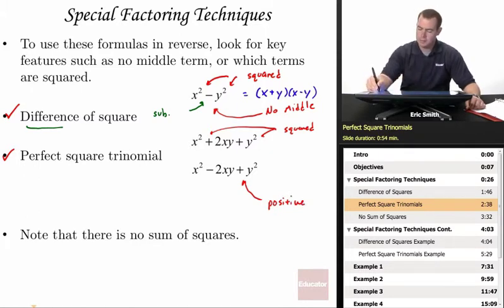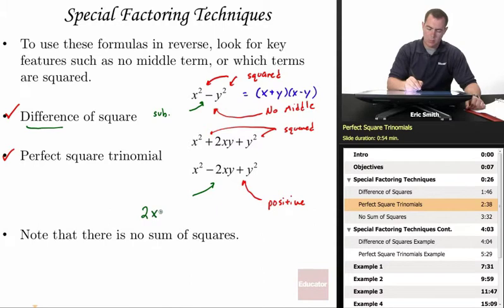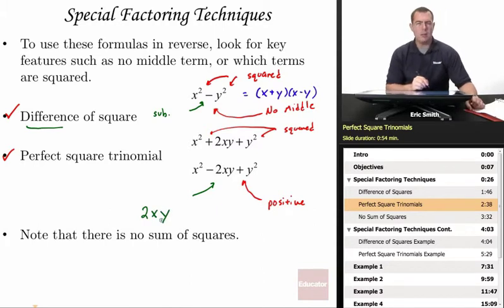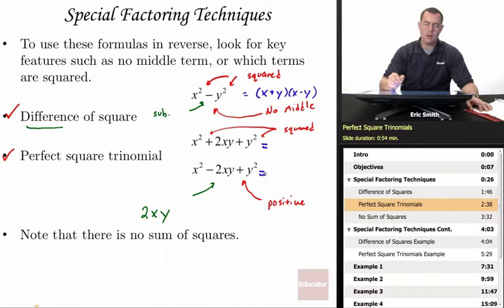You want the middle term to be twice what you get when you multiply x and y together. It doesn't matter if it's positive or negative since you have two different formulas for those, but that's what it should turn out to be. If you can recognize all of those things, then you know how these will break down. This one will be x plus y squared, and the other one will be x minus y squared.